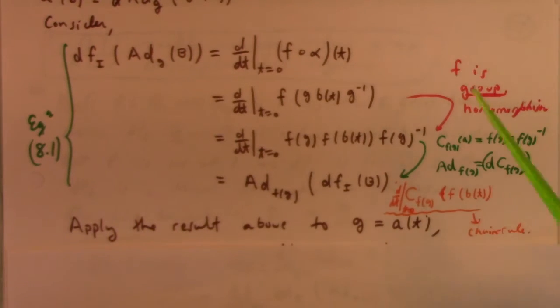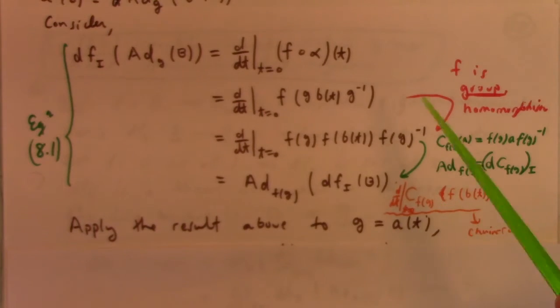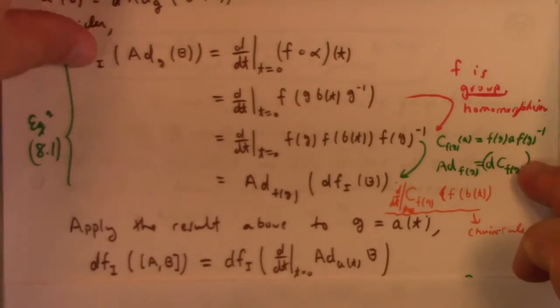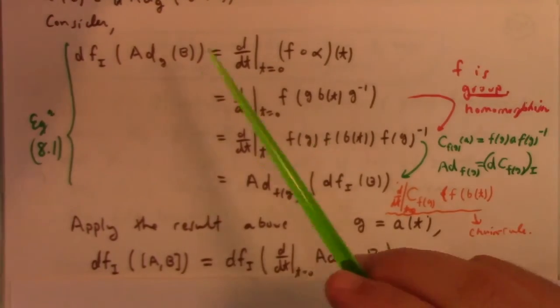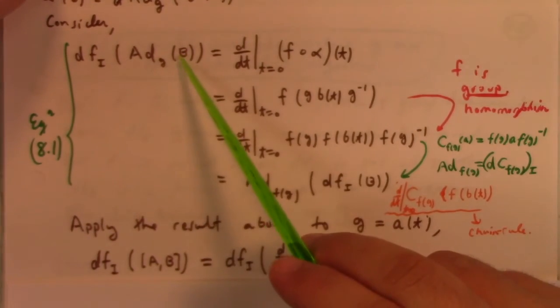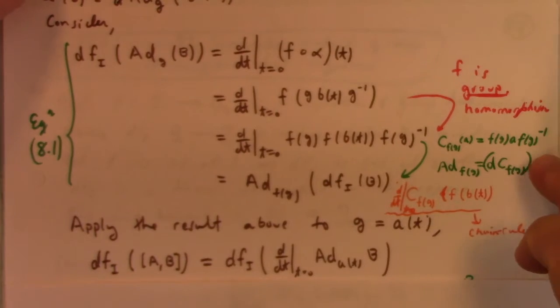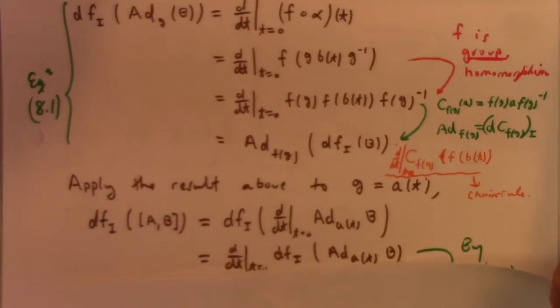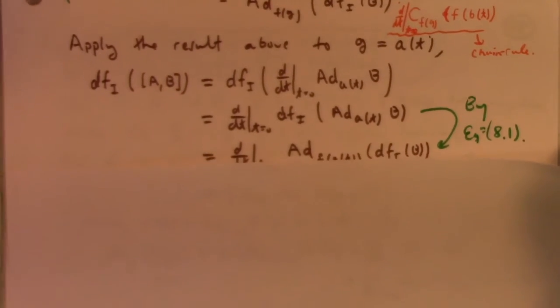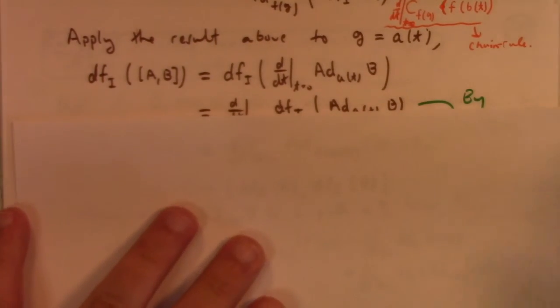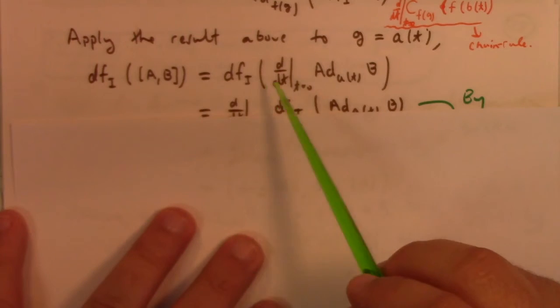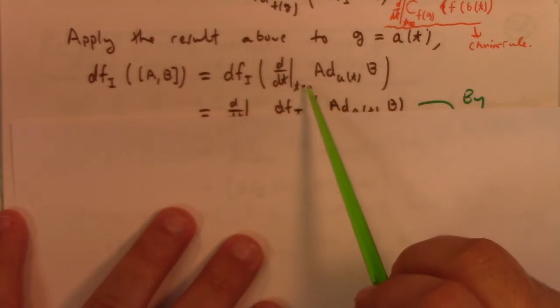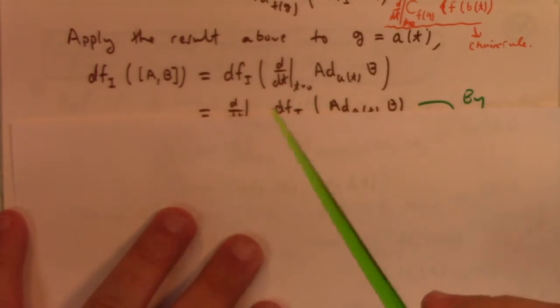Apply the result above, all right, to g equals A(t). So replace g with A(t). What do you get? Well, if you put g equal to A(t), this becomes the commutator of A and B, for one thing. And so what we get is that the differential of the commutator is df_I of this.